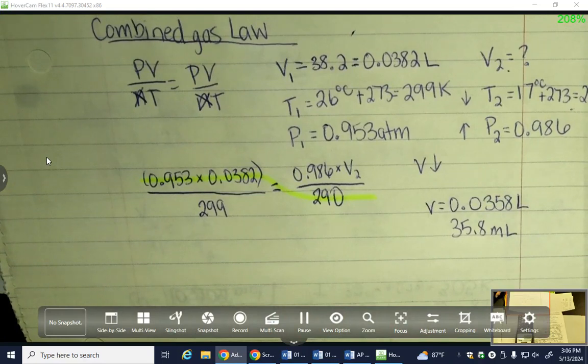So see if you can get to that answer. Then you can start looking at the other side.